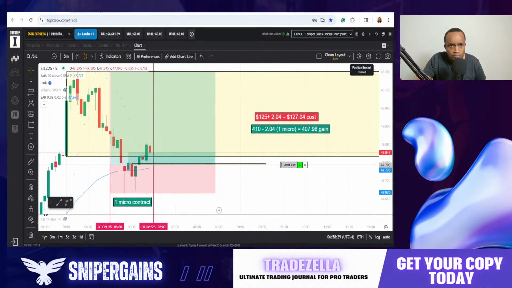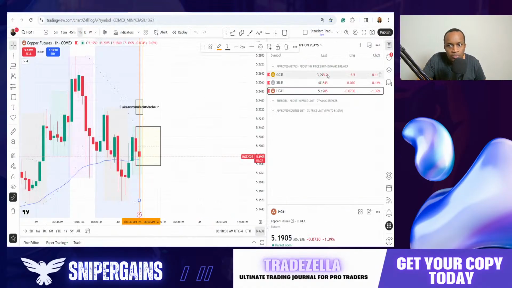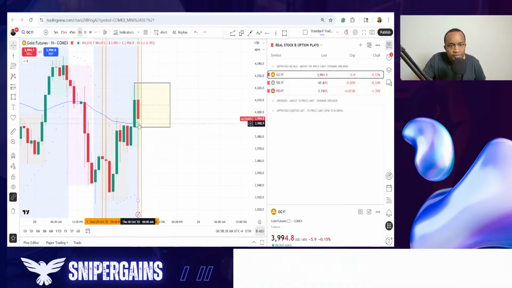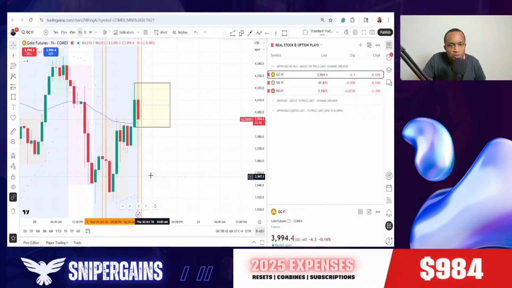So with what's happening with gold, it is taking a push down a little bit, but I'm hoping that the bullish momentum from the parabolic SAR, with price being above that 50 EMA, will do one quick pump to the upside.